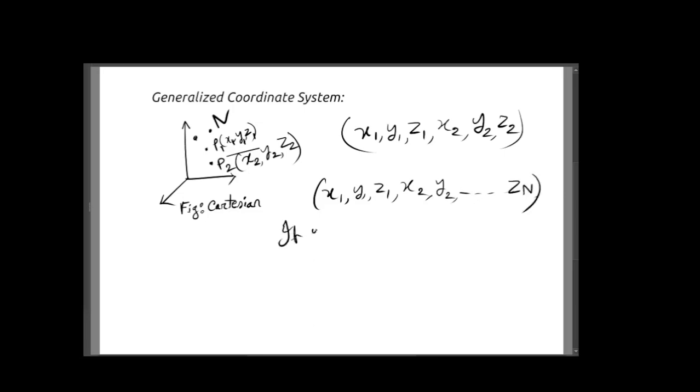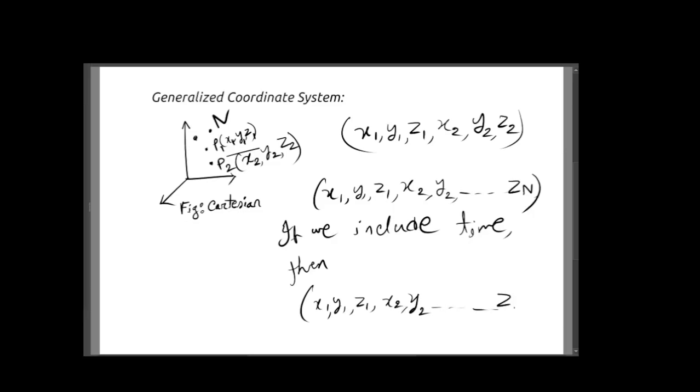If we include time, then we can write x1, y1, z1, x2, y2, dot dot, zn and t. Here this set of numbers represents an n-particle system in Cartesian coordinate system.